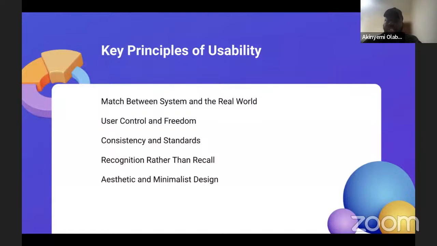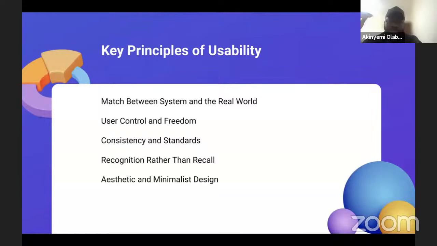Another thing is control and freedom. As a designer, we should let users have control and freedom when they use the service or the product that we design on the web. Why? Because you won't want them to keep coming to your customer care or customer service.